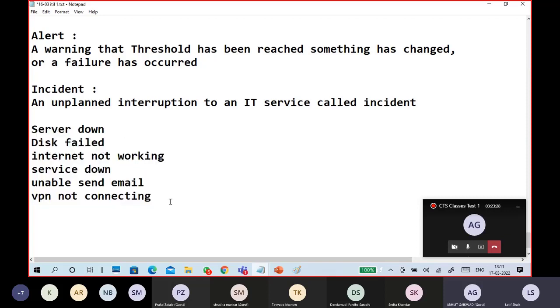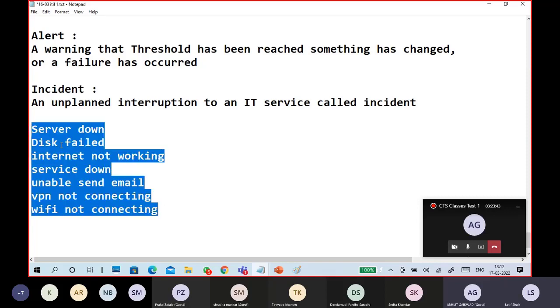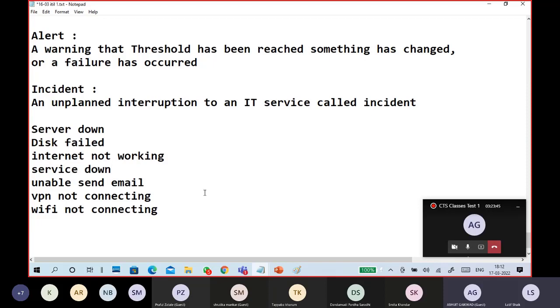A lot of incidents will occur. IP not working, Wi-Fi not working. So there are different types of issues, which we call an incident.